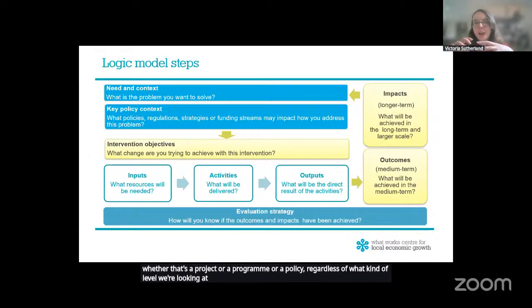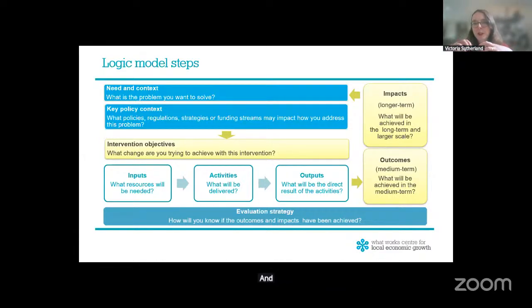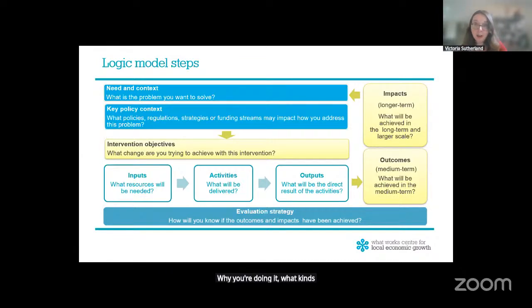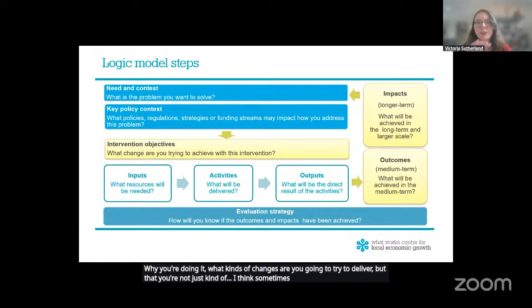And one of the great benefits of doing that is that you're building a picture of what you're doing, why you're doing it, what kinds of changes you're going to try to deliver. I think sometimes people look at the logic model and think, oh, okay, there's a bunch of boxes here, and what I need to do is fill in some stuff into each box and then I'm done, okay?